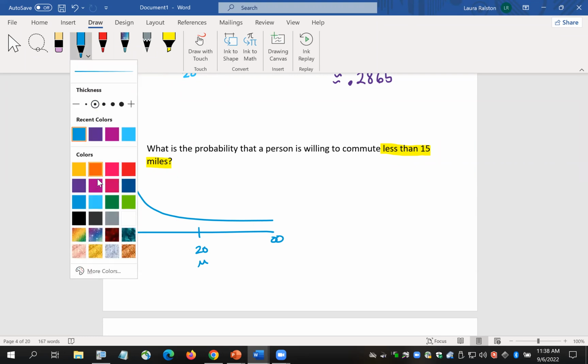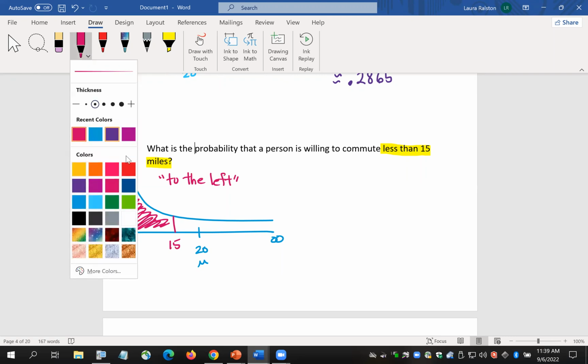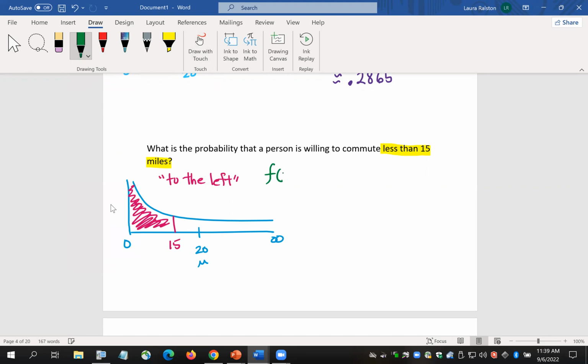My point of interest here is 15, which is less than 20, and we want to be less than that. So I'm looking at this region to the left. Hopefully that makes you recognize it's to the left, which helps me identify the formula we need, which would be f of x equals 1 minus e to the negative mx.